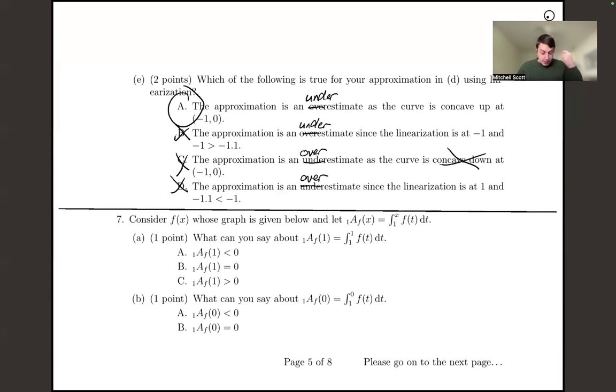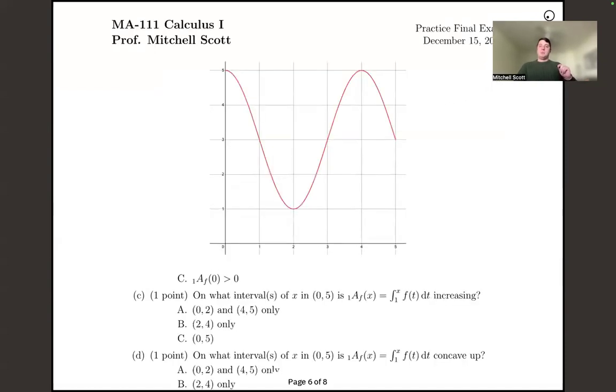Okay. So what can you say about this notation, 1A f of 1, which equals the integral from 1 to 1 of f of t dt? Okay, is it greater than, less than, or equal to 0? Unfortunately, I am going to have to flip over so that we can see, right? So we're looking at 1A f of, in our case, 1, right?